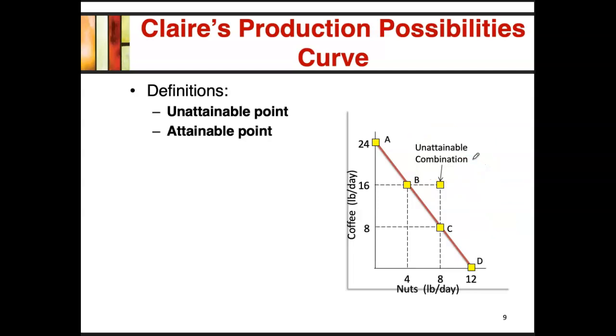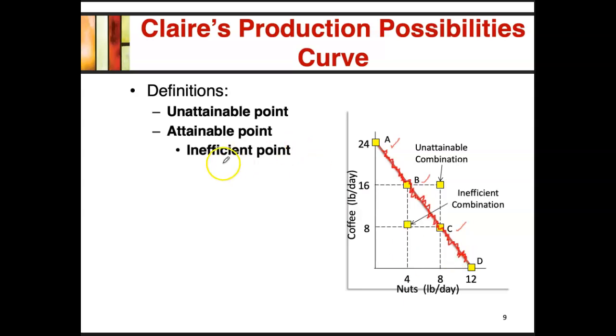And then we have the attainable points. So we have points A, B, C. Any point on the production possibilities curve is known as an attainable point. It means that given her fixed resources, Claire can actually produce at those points. Okay, so any point on this production possibilities curve tends to be attainable.